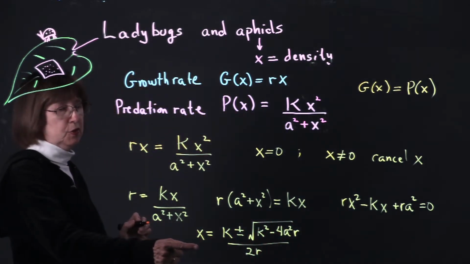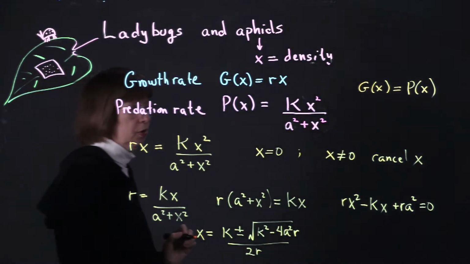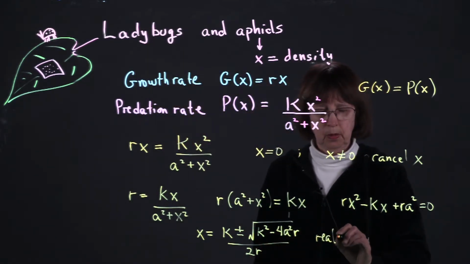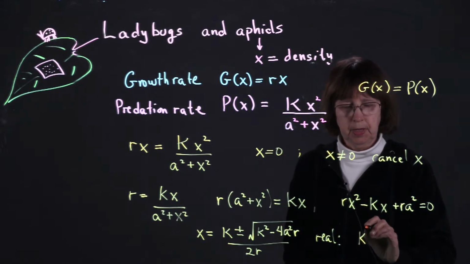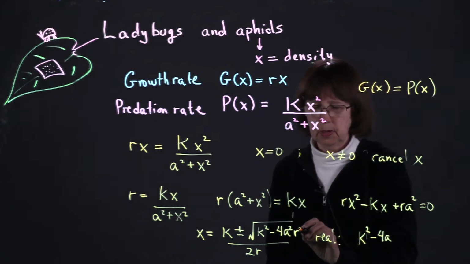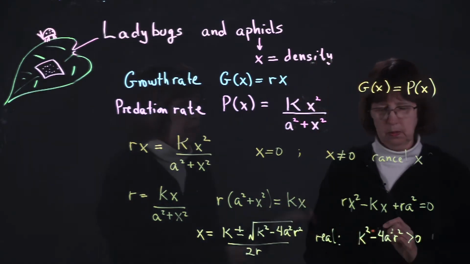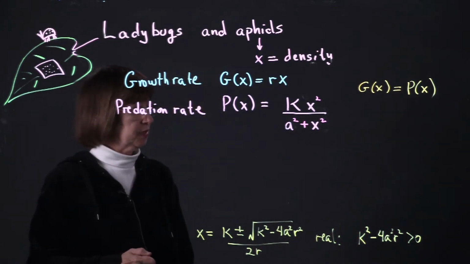So these are the other two solutions we obtain, but notice that these two are not necessarily always real. For these to be real, we have to insist that the discriminant, i.e. k squared minus 4a squared r squared, should be greater than 0. Let's write this inequality in a somewhat more suggestive form.